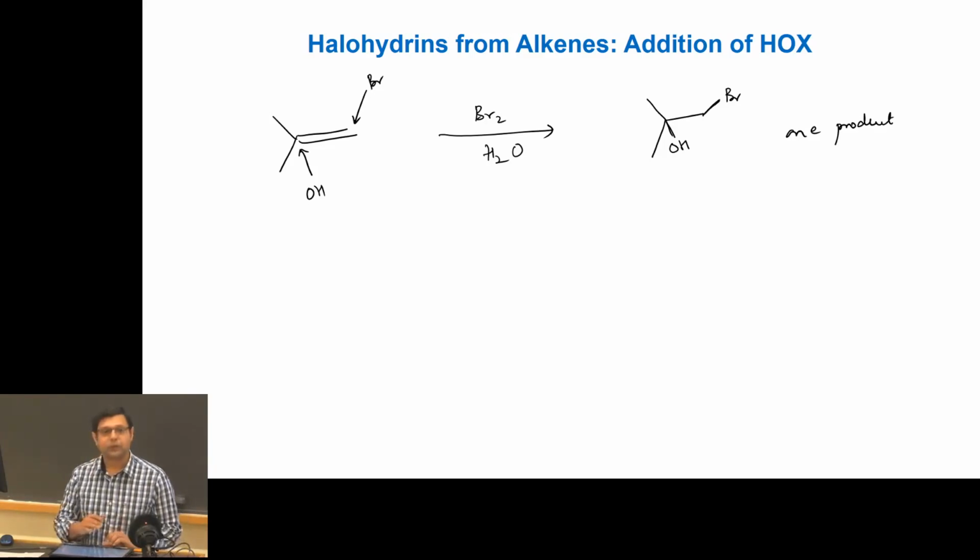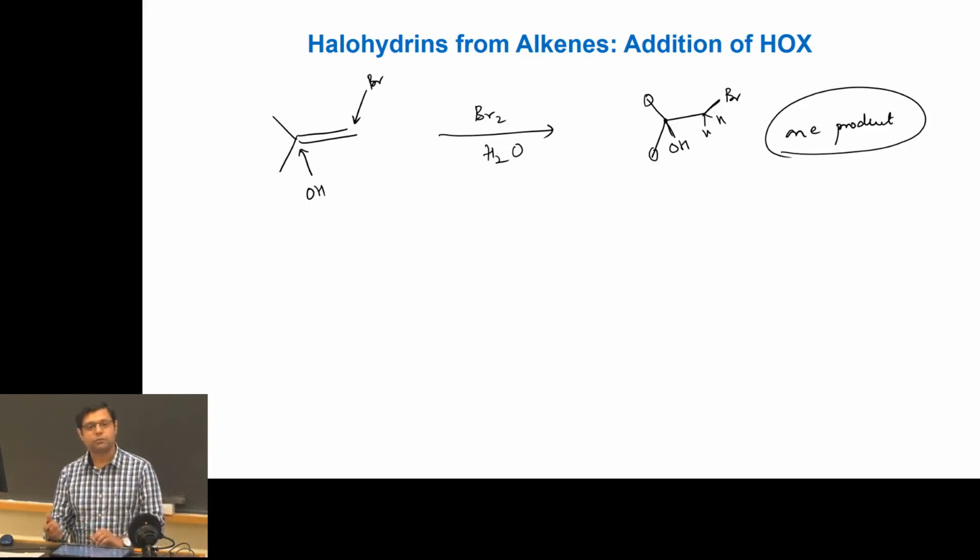No enantiomers are going to be formed in this reaction because there is no chiral carbon in the product. This carbon is not chiral because these two are the same groups. This again is a CH2. So there are no chiral carbons here. All you're going to get is one product in this reaction. You will get enantiomers only when you're making chiral carbons. Keep that in mind.